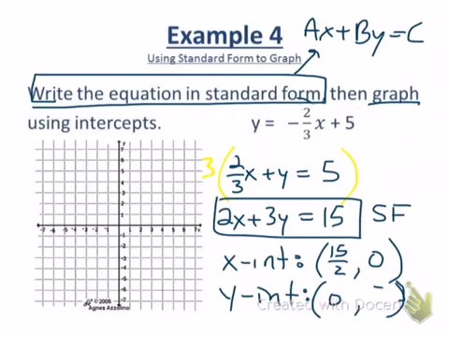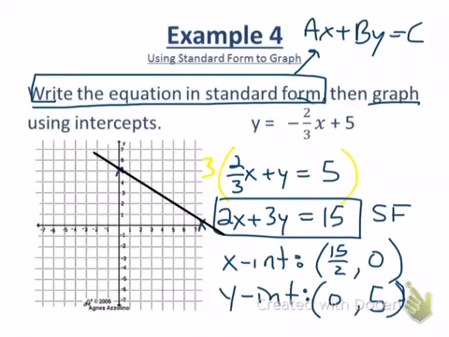X equals 0, y is 5. Right? So 0, 5 is here. 7.5 somewhere over here. Okay, there's my x-intercept, my y-intercept, and the graph will look like, got a little off, but that's close enough. Okay? All right? Y'all okay with that?